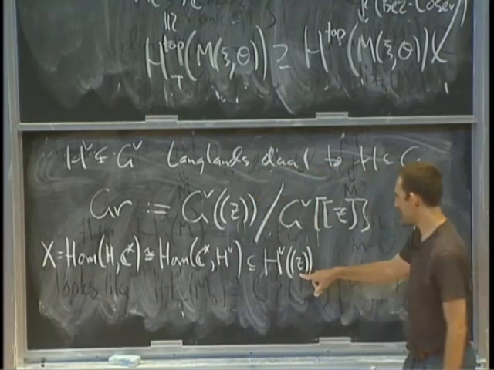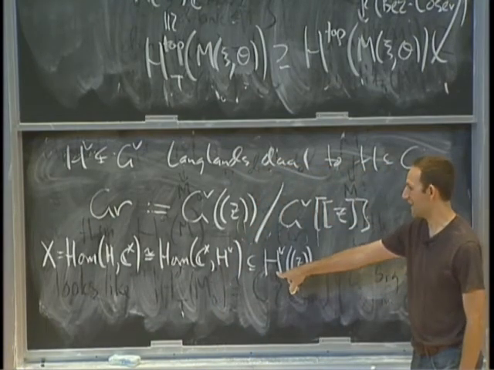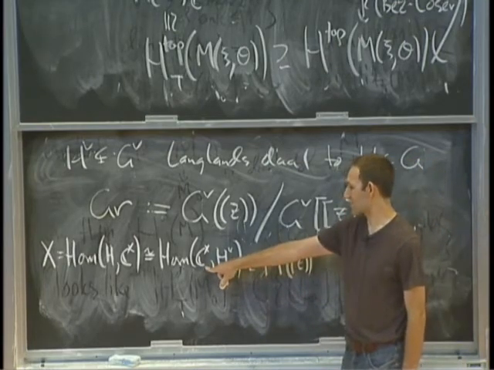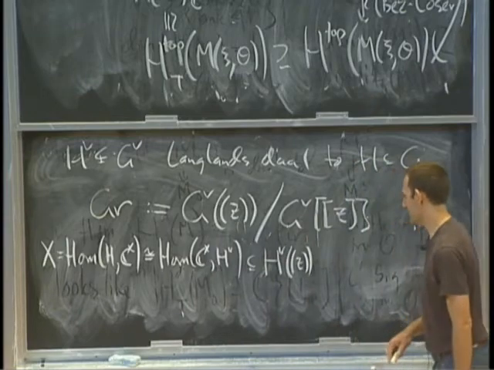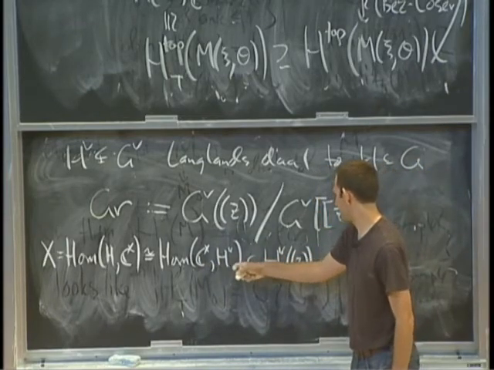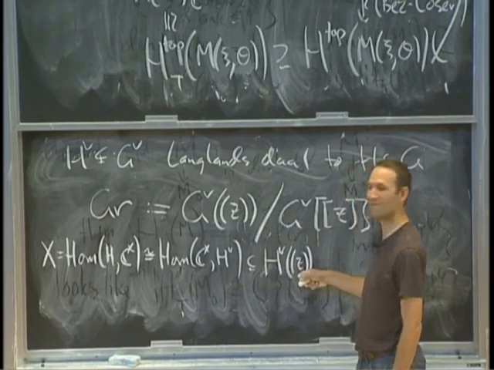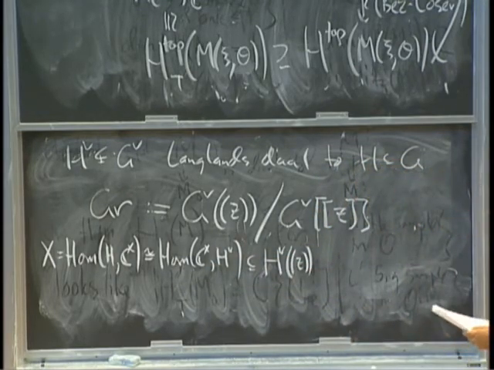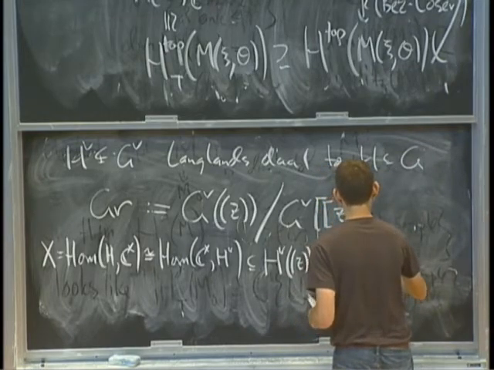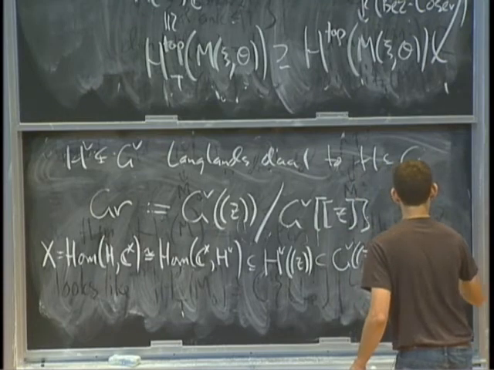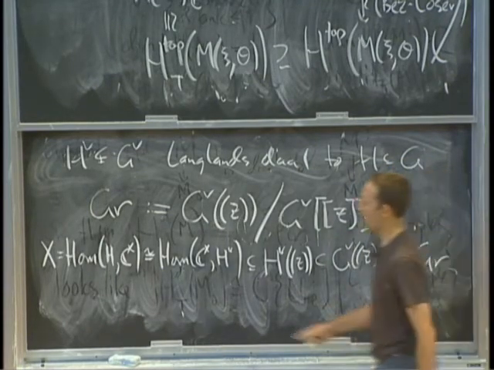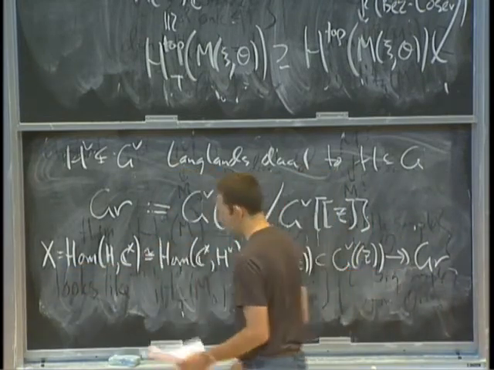This is Hom from the punctured formal disk to H check. A Hom from the punctured plane restricts to a Hom from the formal disk. And this sits inside of G check Laurent series in z, which maps surjectively to the Grassmannian when I mod out by this guy. Okay, so X actually lives inside of the Grassmannian.